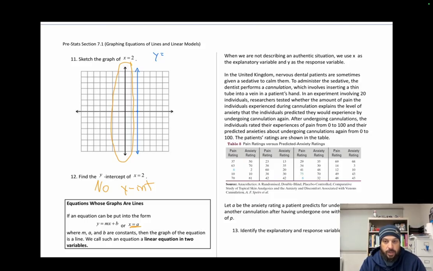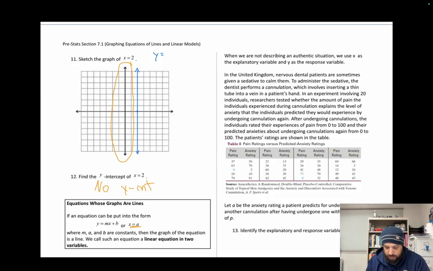After undergoing cannulations, the individuals rated their experience of pain from 0 to 100 and their predicted anxieties about undergoing cannulations again from 0 to 100. The ratings are below. So we have a 2-column table, but it's broken up over 1, 2, 3, 4 groupings, but it's still column 1 and then column 2 here.